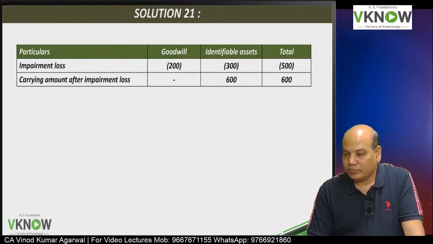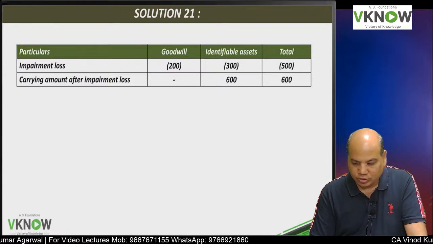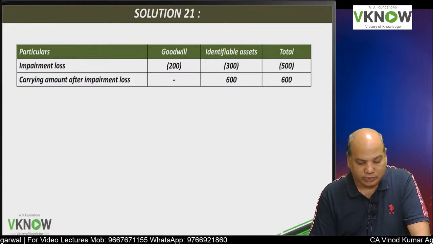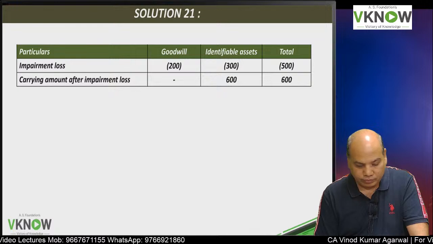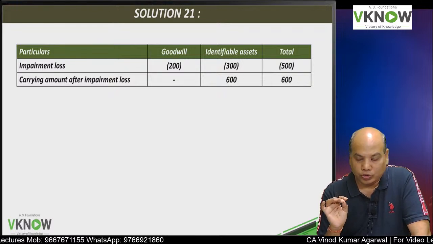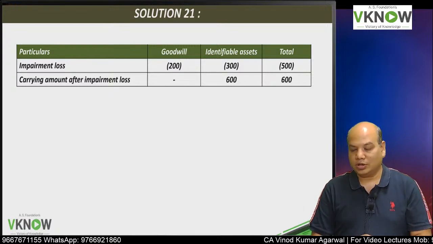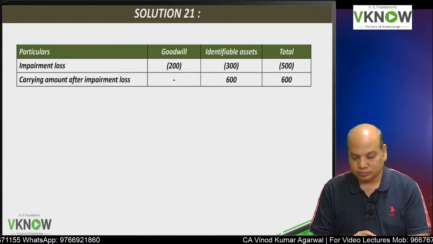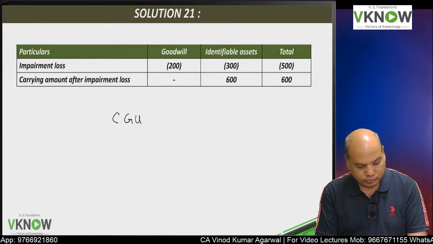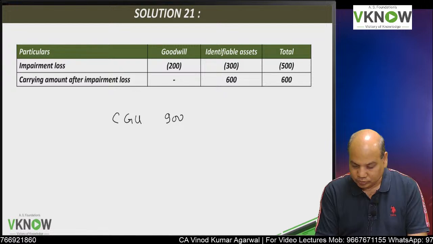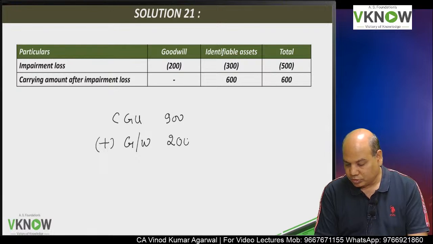Hello, good morning friends. Welcome back to Accounting Standard 28. We have covered question number 21, which deals with goodwill impairment. If goodwill can be allocated on a reasonable and consistent basis, then we allocate the goodwill first: take the total CGU value, add goodwill, and take the total.